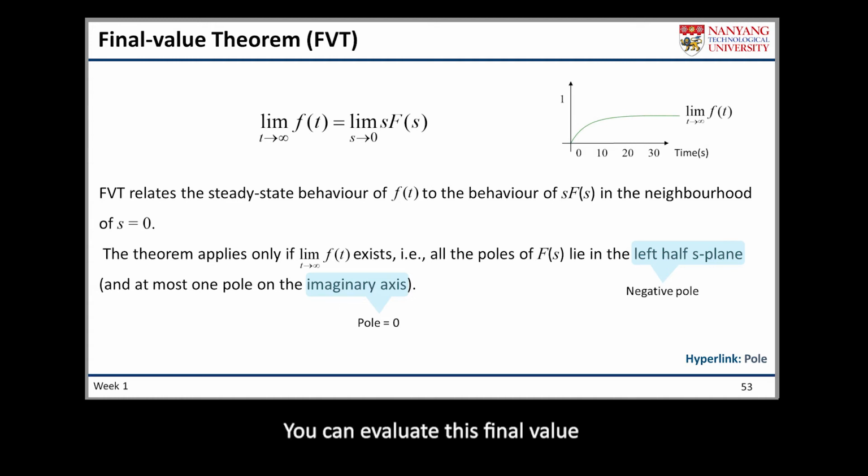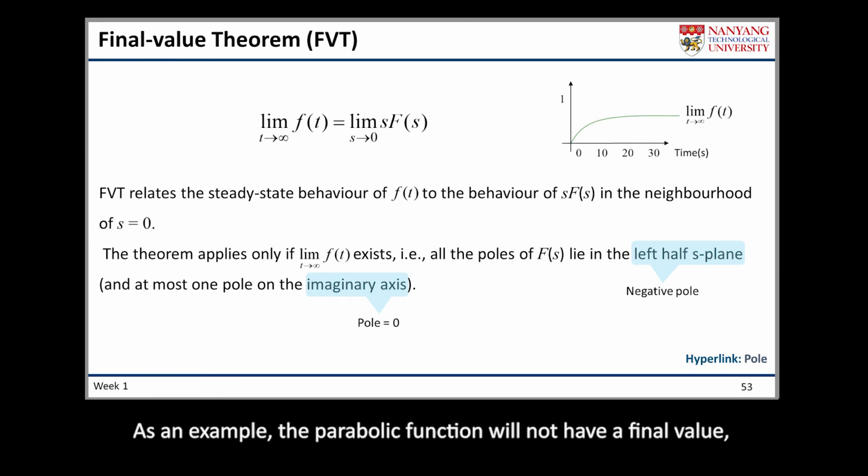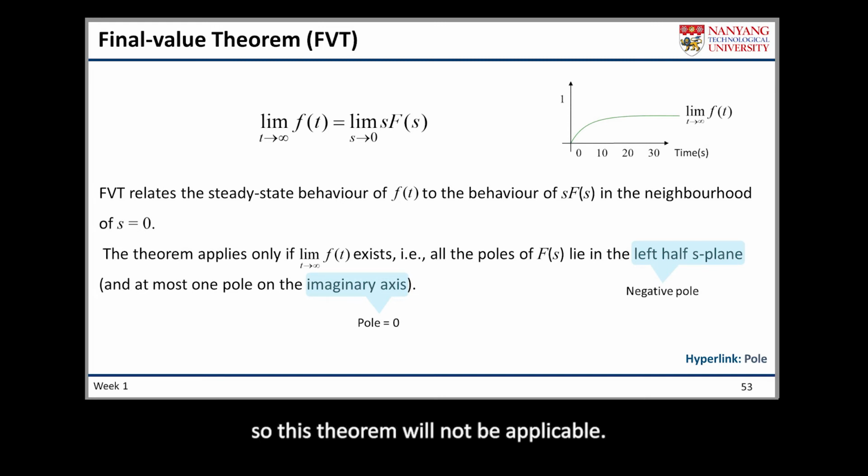You can evaluate it as long as you know F(s), the Laplace transform of f(t). You just have to evaluate the limit as s goes to 0 of s times F(s). This will show you the final value of f(t). But of course, this theorem is valid only if your function has a final value. As an example, the parabolic function will not have a final value, so this theorem will not be applicable.